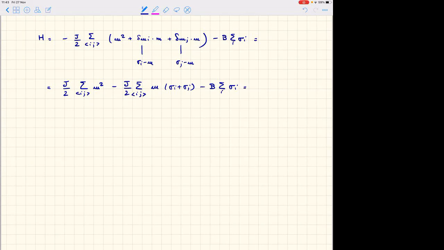that this is equal to what? Is equal to J over 2. Now, this sum, well, each term in this sum is equal to M squared. Yes? Why did you remove the minus sign in the first term?